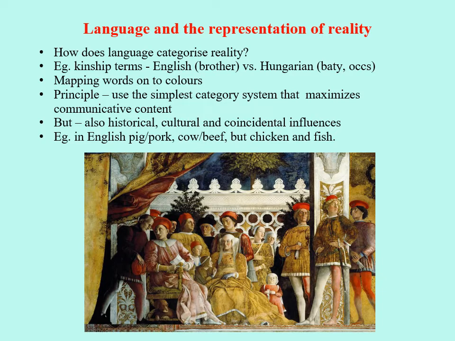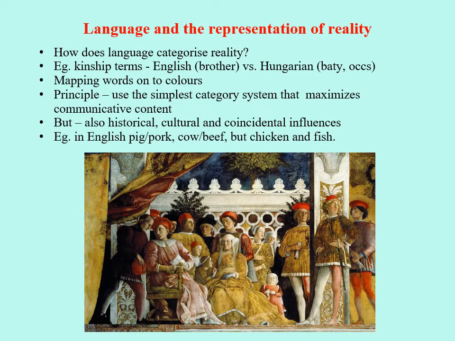But language is not a precise or an accurate representation of reality. For example, different languages use different linguistic terms. There are cultural differences. For example, in the English language, a male sibling is called a brother, irrespective of whether the sibling is older or younger.